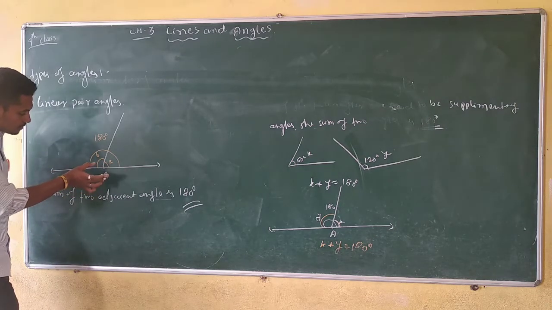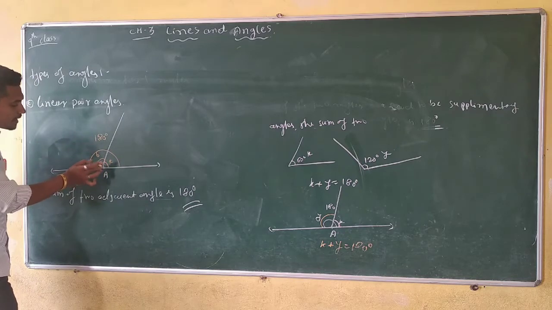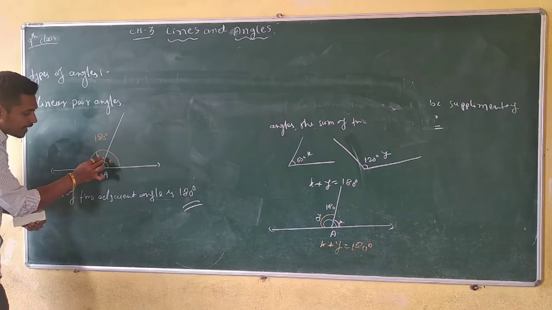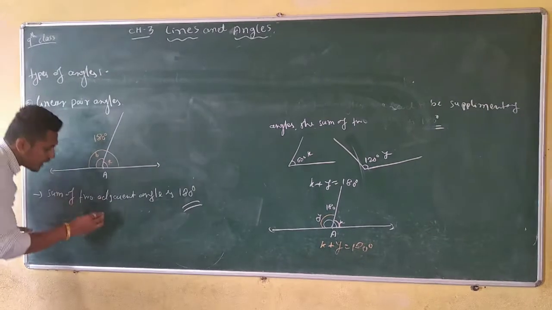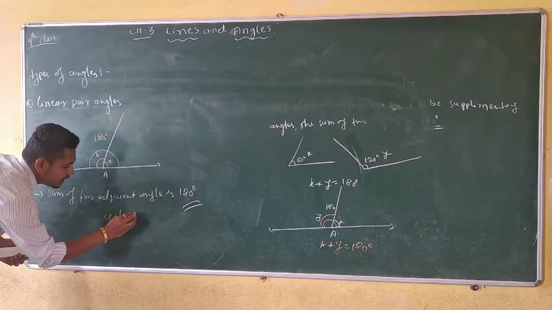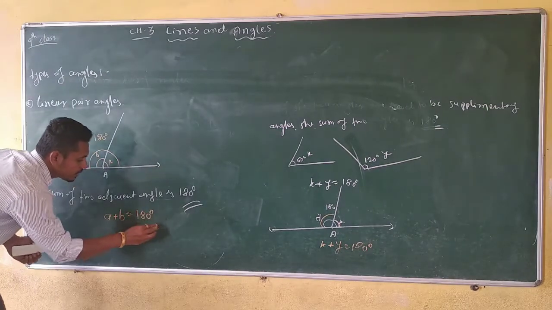Which is the linear pair of angles here? The angle A and angle B. So angle A plus B is equal to 180 degrees.